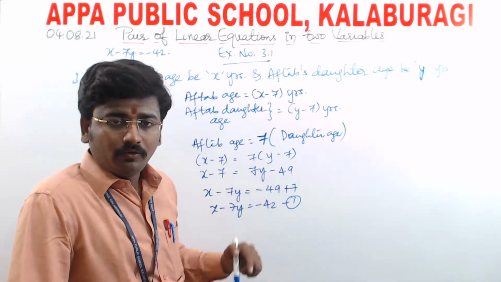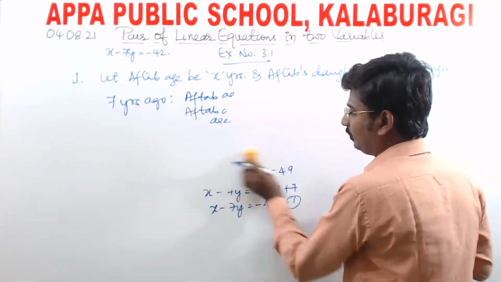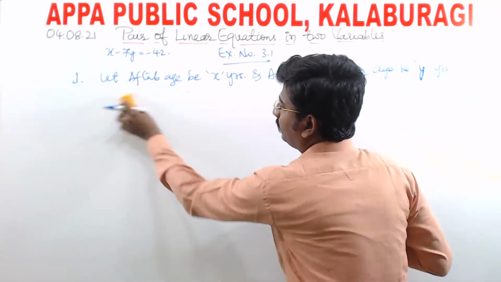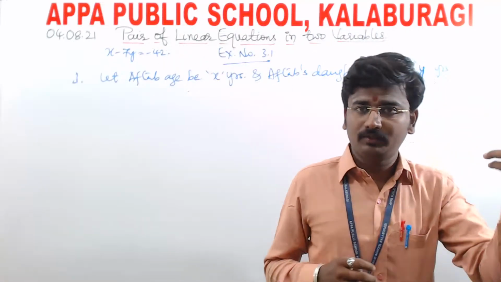Yes? Now we go for the second condition. What was the second condition? 3 years from now. What do you mean by 3 years from now? After 3 years, 100% my age will increase. Every year, plus 1, plus 1, plus 1.